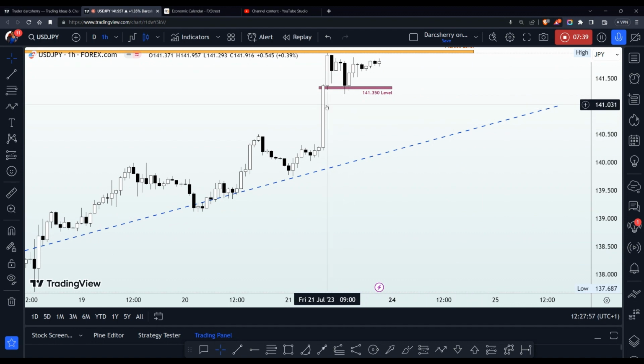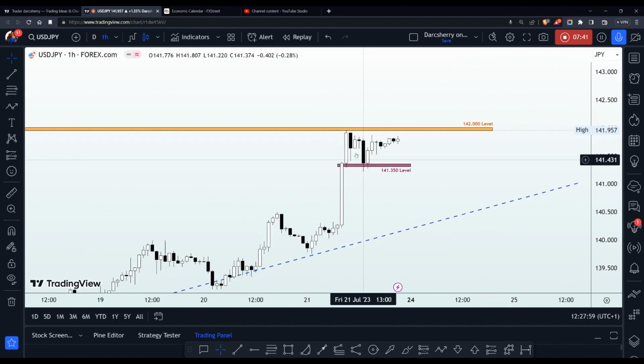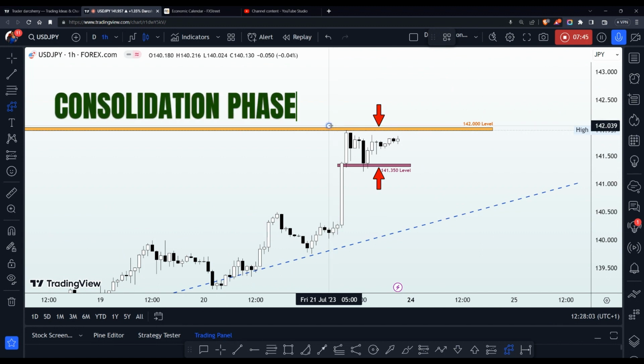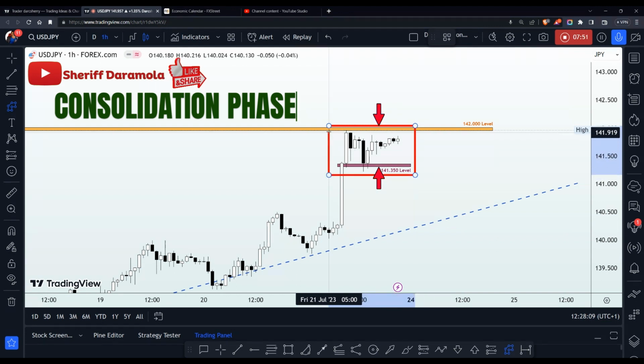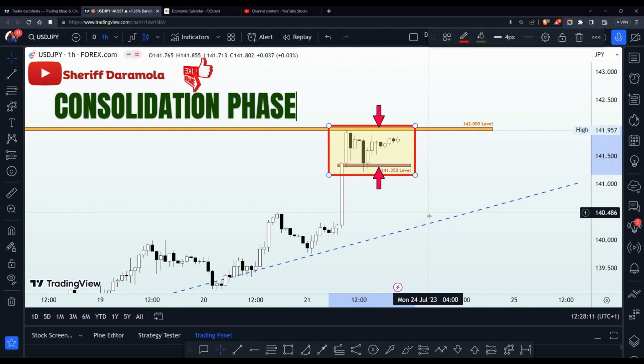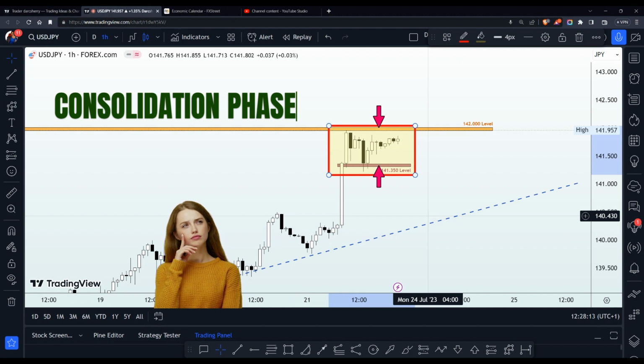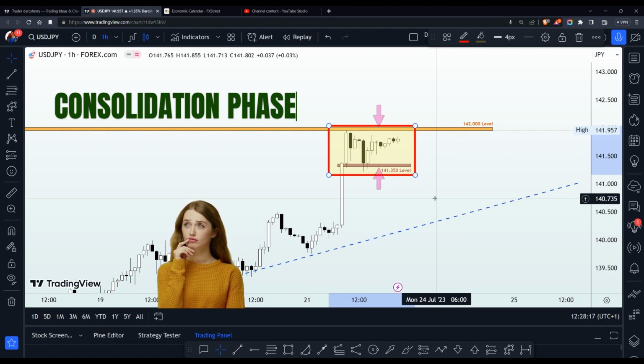And as you can see, on the last trading day of last week, we saw how price action has fallen into a range between that key level at the 142.00 area and the 141.350 to give us a consolidation phase and a flat channel to work with ahead of the upcoming week.